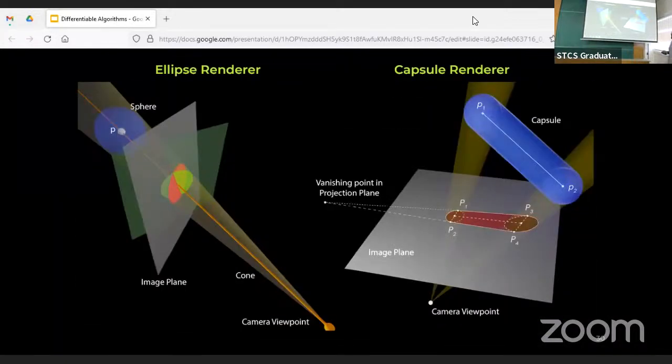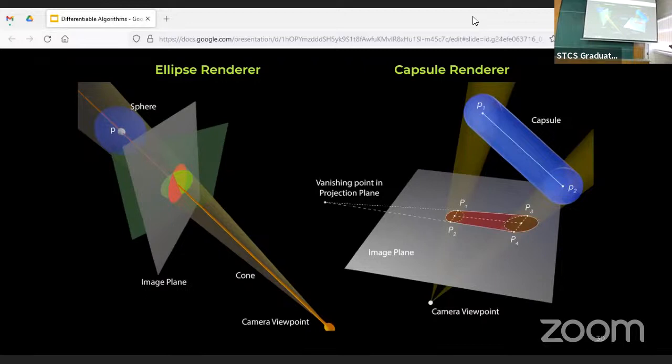And we design the differentiable renderers for this. In the tube, we assume that if we take a finite number of points on the knot, then we can approximate it as a sequence of capsules. This is a capsule, which is a cylinder with spherical ends.